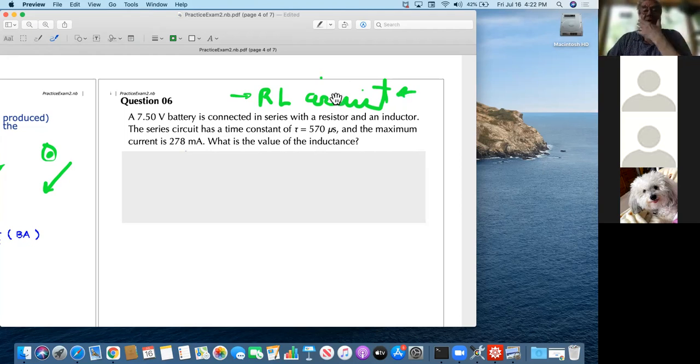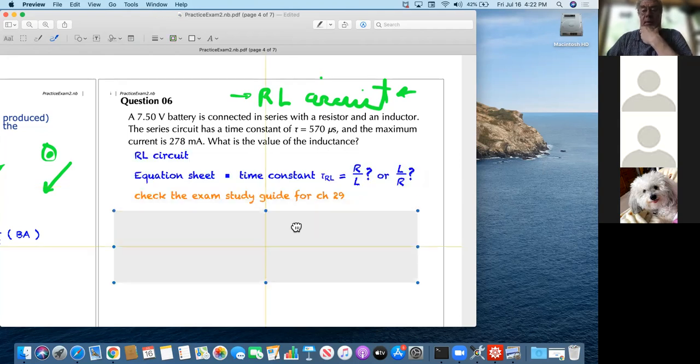That would be, I guess, in chapter, I don't know, chapter 29. Maybe you remember from one of the homework problems, you had problems like this on the homework. Maybe you remember the time constant for an RL circuit is R over L. Or is it L over R? Which one is it?